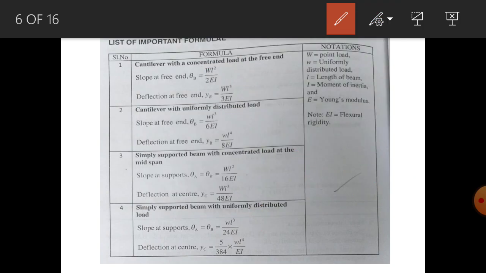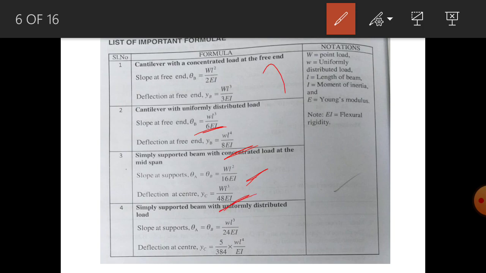Right, these are the formulas for the cantilever beam with UDL: WL cube by 6EI, then WL power 4 by 8EI. And for simply supported beams with concentrated load at the mid span, that is at the center of the span, it is WL square by 16EI, and WL cube by 48EI.